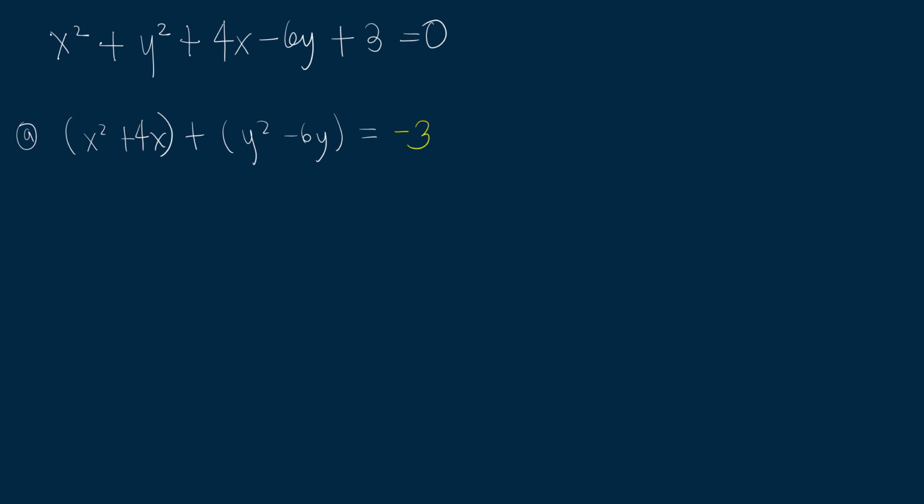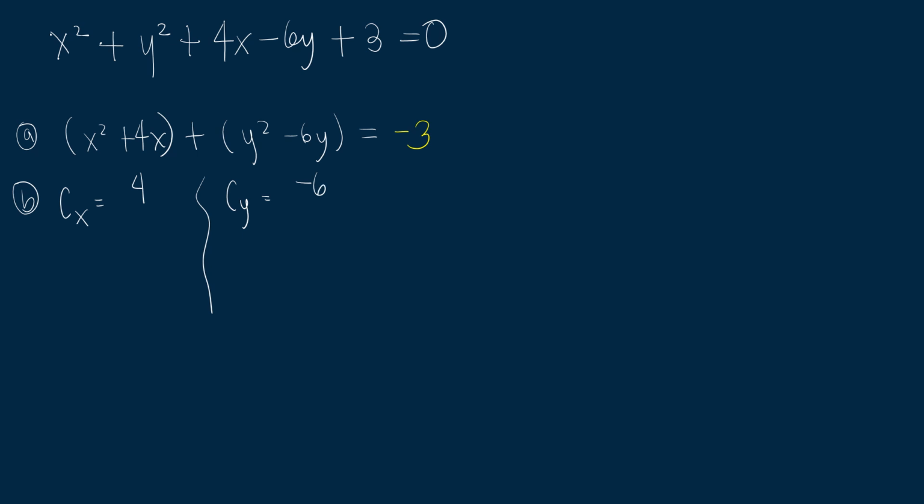Continuing the process of completing the squares, we need to work with the coefficient of the variable x and the variable y. I will put a label representing the solution for the variable x and the variable y: c sub x for the variable x and c sub y for the variable y. The coefficient of x is positive 4 and negative 6 for y.